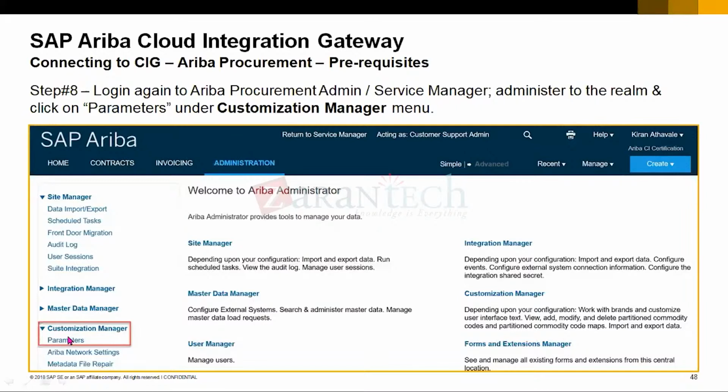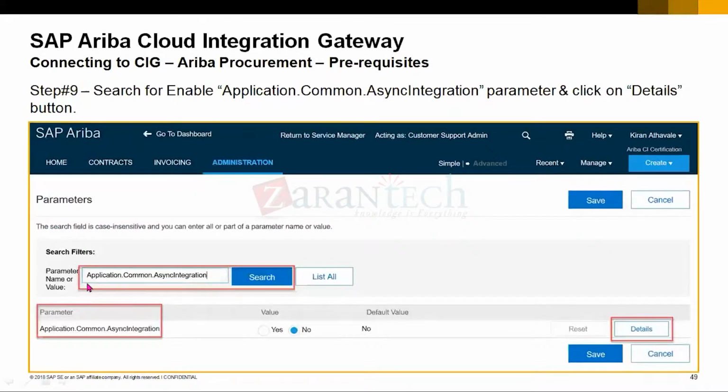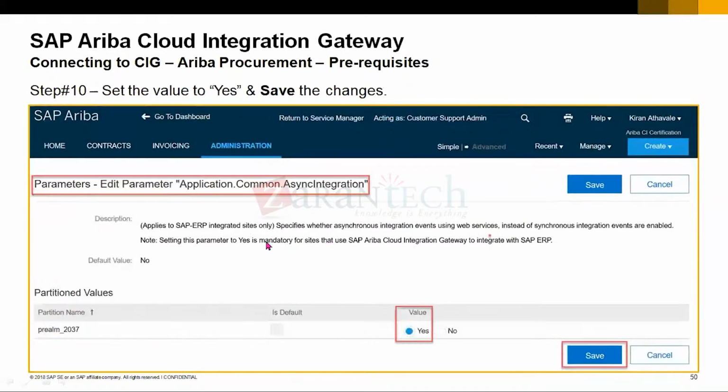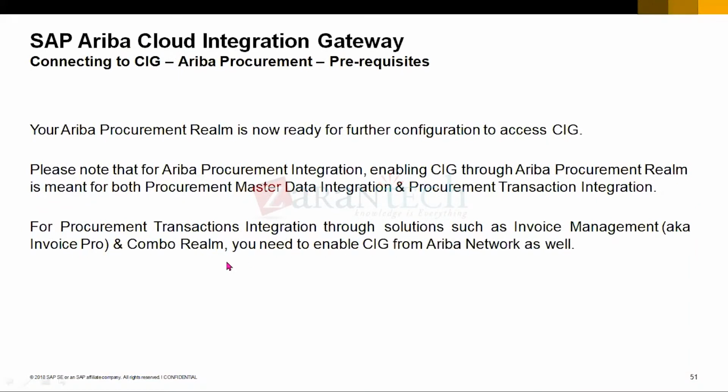That might also be possible. So they have to come into these customization manager parameters, and once they do, you can see application.common async integration task. They are going to just enable this. Based on this, they enable the particular async task, and once they do this, that means now this particular task is ready, right? And that means they have done their task as well.